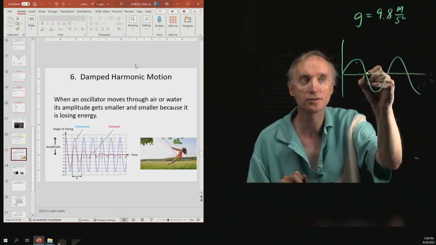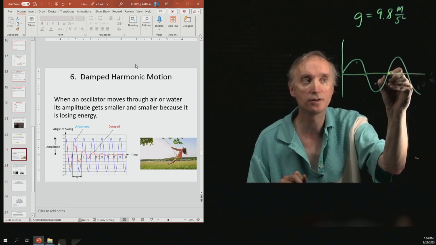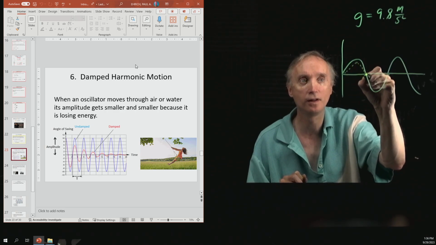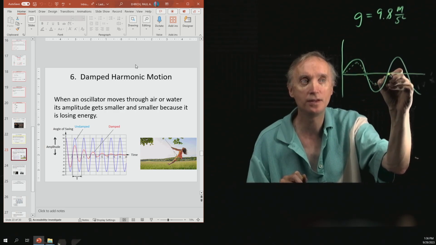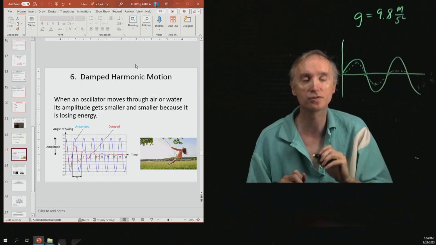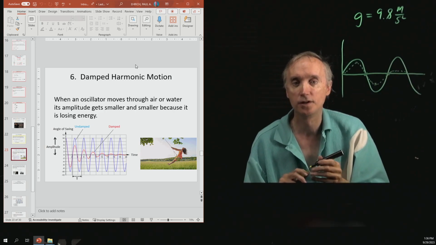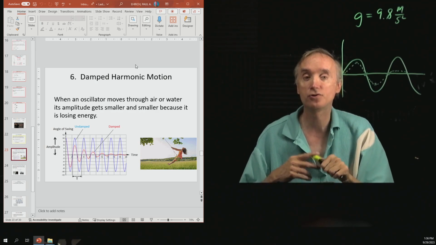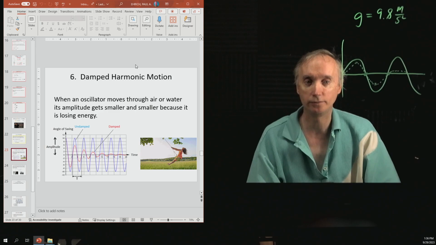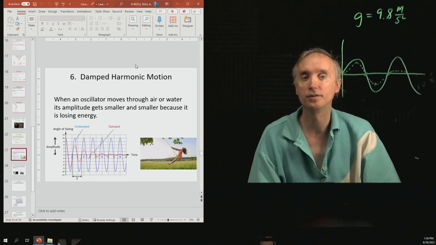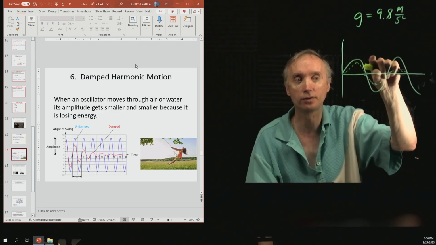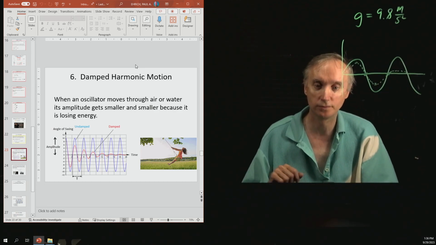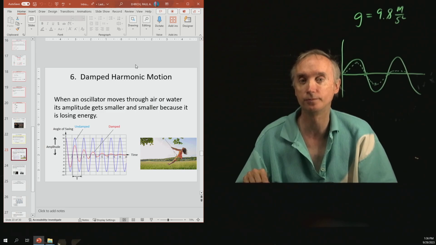So it's still going to cross here, and it's still going to cross here. But what we need to do is make a dotted line and make the amplitude keep getting smaller and smaller. So that's what we mean by damped harmonic motion. You should also be able to explain why the amplitude gets smaller and smaller as time goes on. Okay, I'll let you research it, make sure and be able to answer that question.